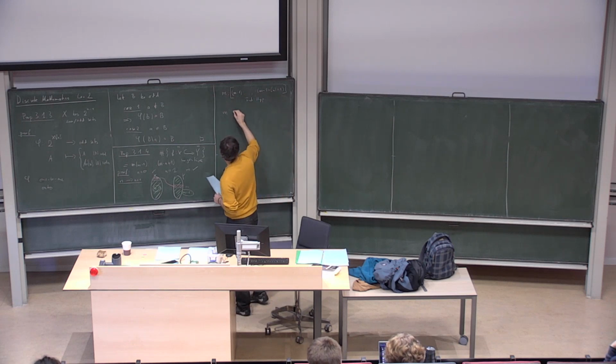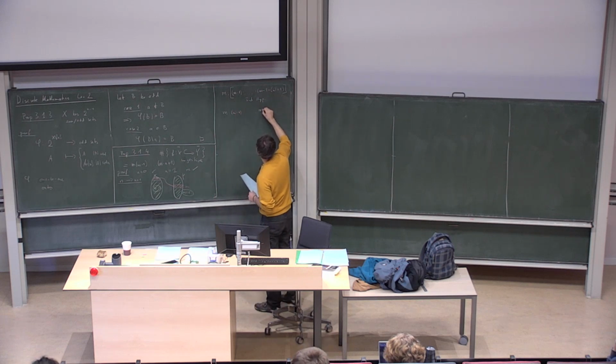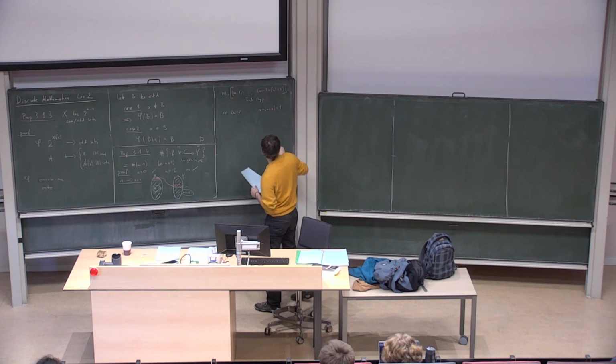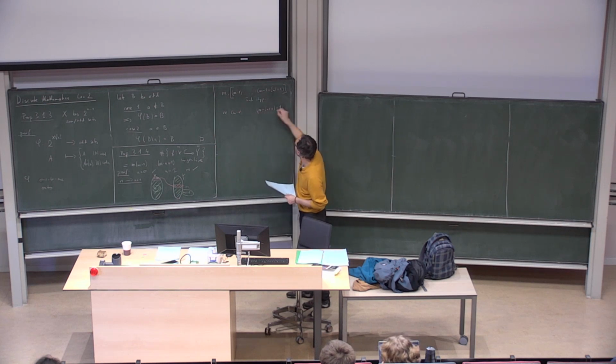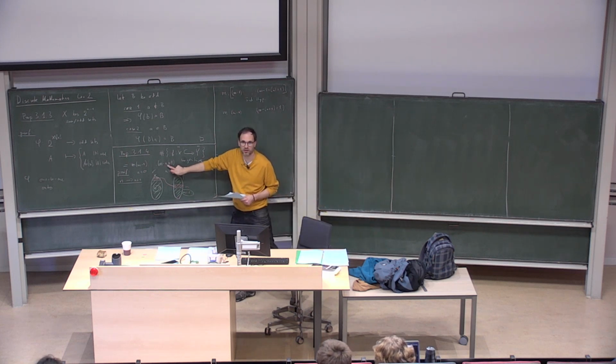And then that's the same as m times m minus 1 times up to m minus n plus 1. So I just moved this minus 1 into here, and then it has exactly the shape of that thing with n plus 1 instead.